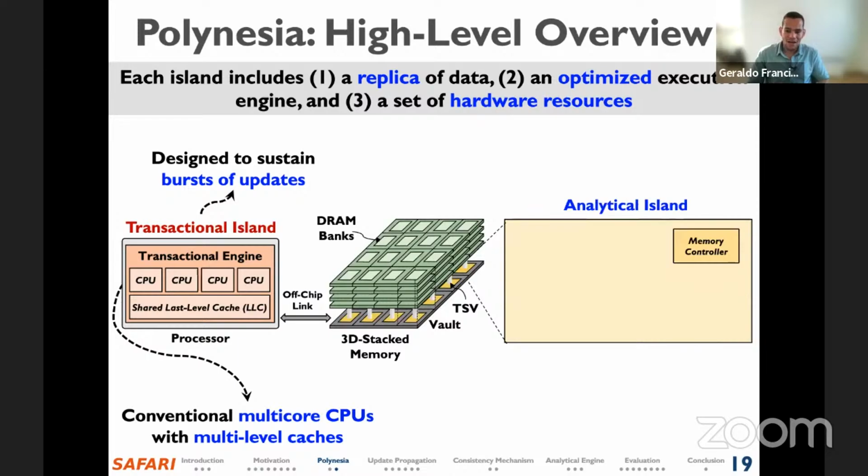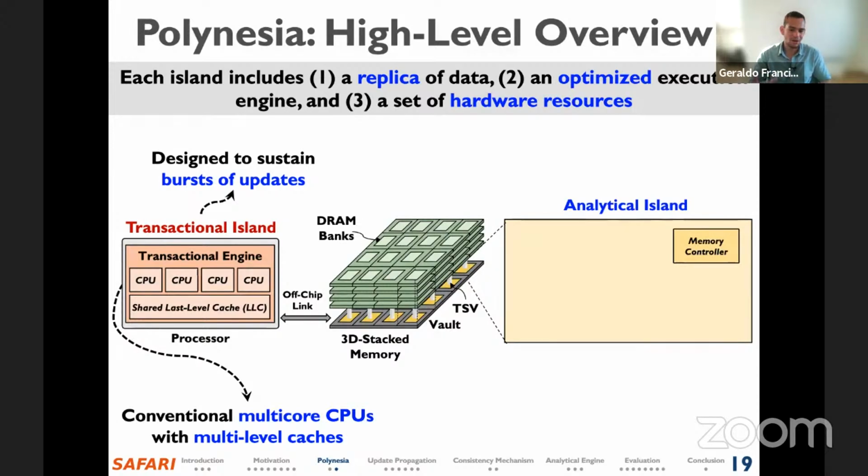Second, the analytical island is implemented inside the logic layer of a 3D stacked memory, as depicted here in the picture. The 3D stacked memory connects layers of DRAM banks with a layer of logic using high-throughput through-silicon vias, or TSVs. The vertical partitions of a 3D stacked memory are called vaults, and we place hardware resources inside each vault of the 3D stacked memory, including an execution engine tailored for analytics and a replica of the data.